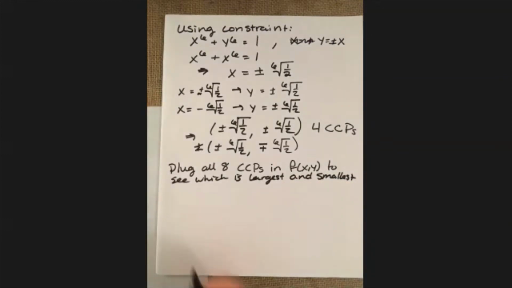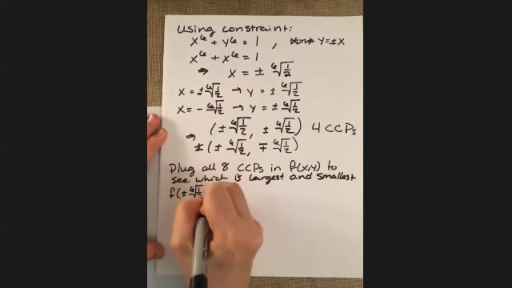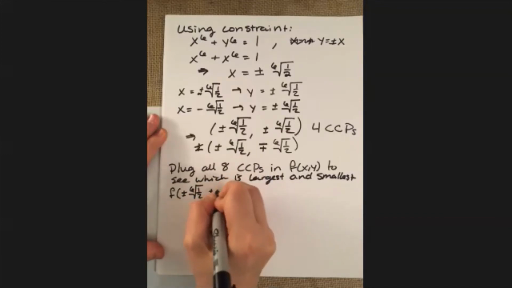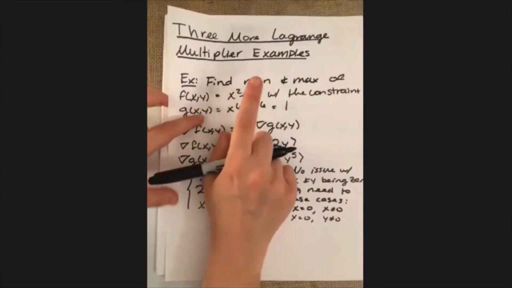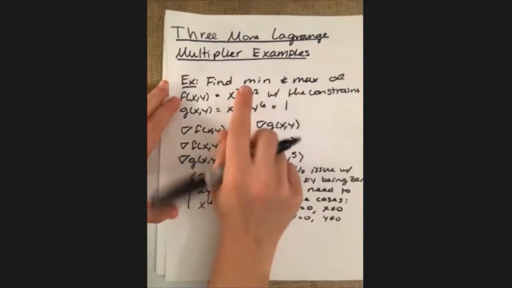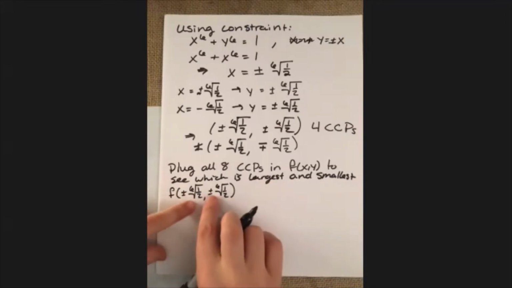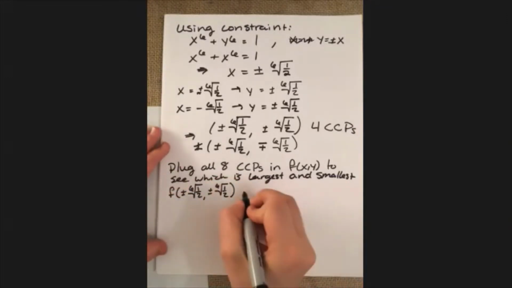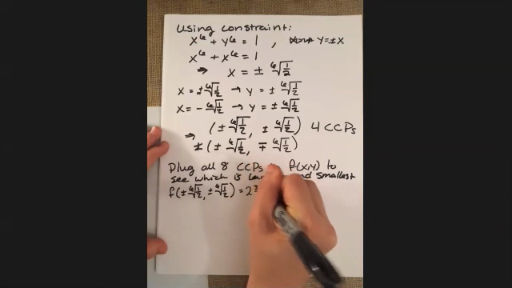Okay, so if I take f of plus or minus the 6th root of 1/2, and then plus or minus 6th root of 1/2, like so, I'm going to go ahead and just lump those into the same test, because if we look back at what our original function was, x squared plus y squared, that squared means that the sign really isn't going to wind up mattering. It's going to wind up getting canceled out when we take that squared there. So whatever we get for the positive case is exactly the same as what we're going to get for the negative case. And that actually winds up being 2 times the cubed root of 1/2.